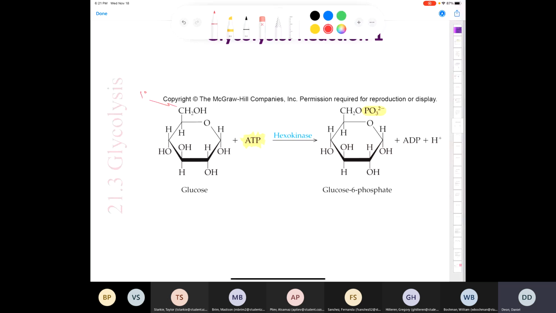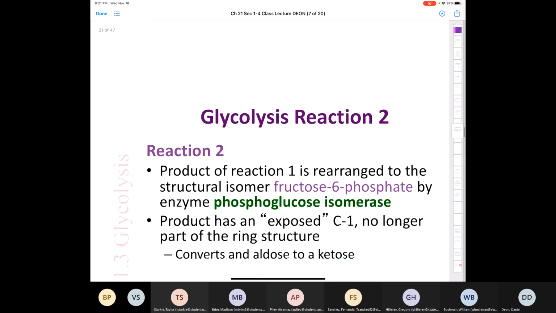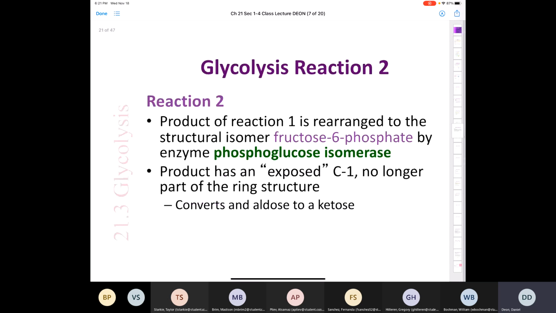And so the adenosine triphosphate is going to transfer its phosphate group onto the least hindered hydroxyl to make G6P, glucose 6-phosphate. You produce ADP in the process, and the enzyme that catalyzes the reaction, which again, I want you to memorize, is hexokinase. Hexokinase. All right, so that's 1 down, 9 to go.